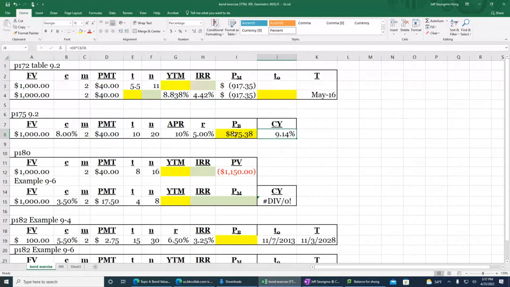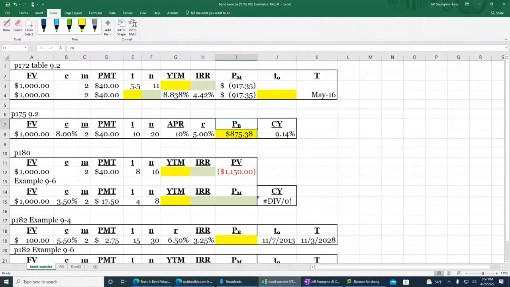And of course, in this example, this is B, because we solved for it. APR was given, right? So R was given. We solved for it. So this must be B.